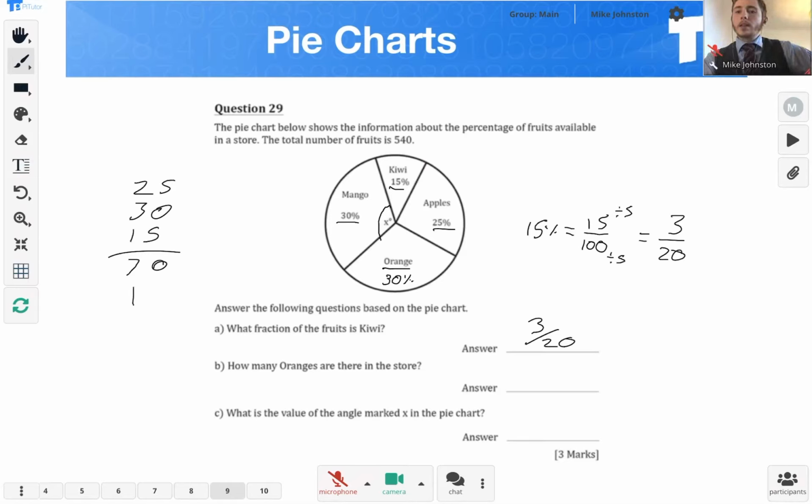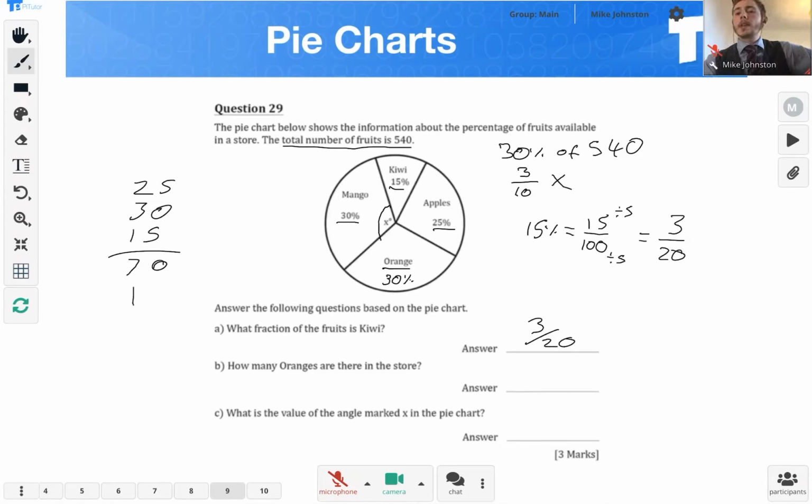Okay, so we know that 30% of the total number of fruits is going to be the number of oranges. So we want to do 30% of 540. People have a lot of ways of doing this. I like to imagine it in my head as a fraction, so I think of it as 3/10 of 540. If we remember back to our fractions lesson, when we say "of", it's basically like saying times when we're talking about fractions.